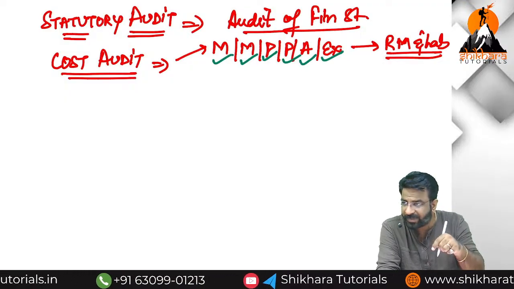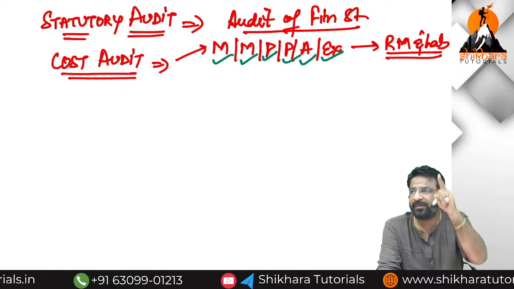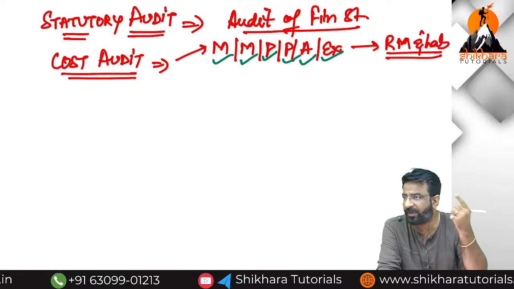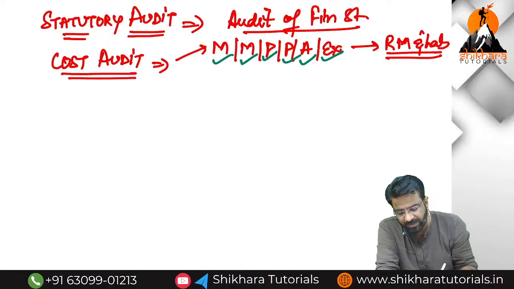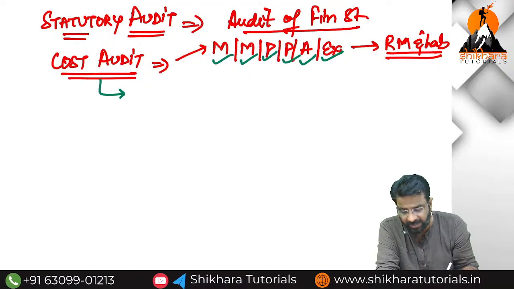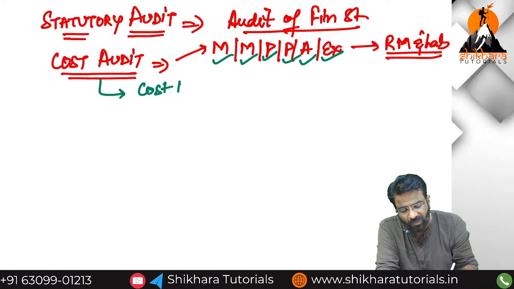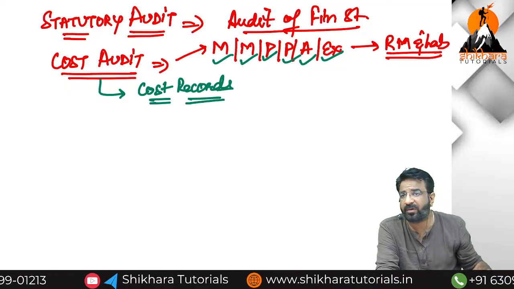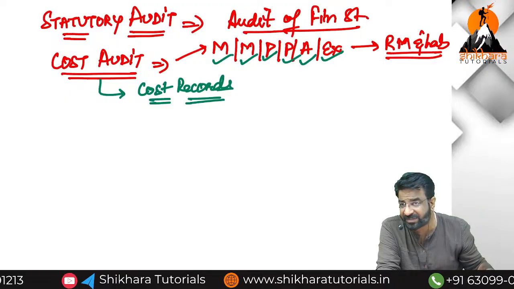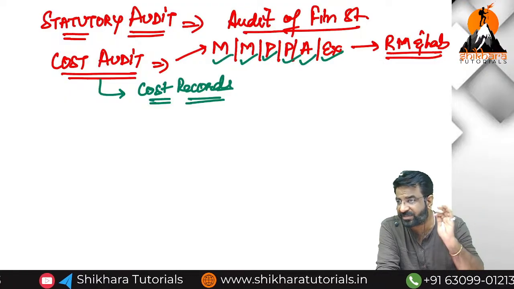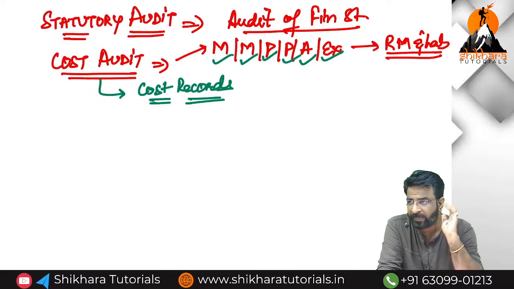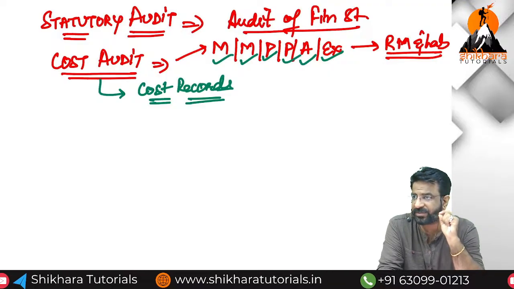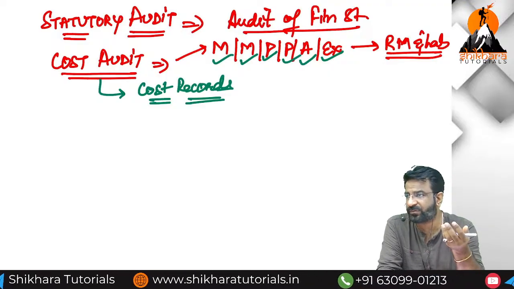Now in this company, statutory audit will definitely take place because the company will prepare its financial statements, but this company also has to maintain cost records. There are a total of 30 extra registers which the company has to maintain. Those 30 extra registers we call cost records.